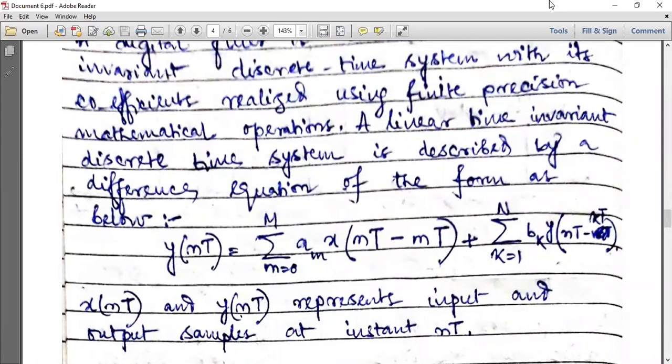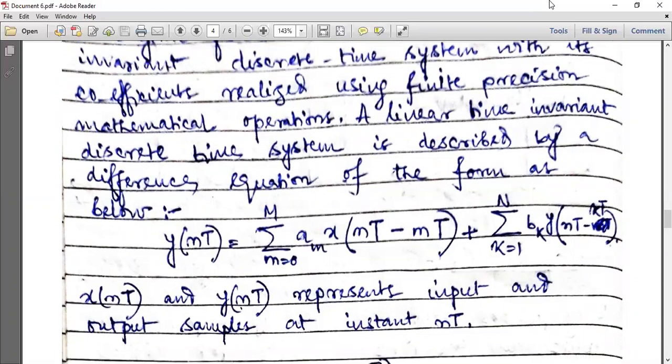The difference equation is of the form as below. What is the difference equation? Let us see. y of nT is equal to summation of m equal to 0 to capital M a_m x of nT minus mT, plus summation of k equal to 1 to capital N b_k y of nT minus kT. Now what is this x of nT and y of nT? The x of nT is the input sample and y of nT is the output sample at instant nT.